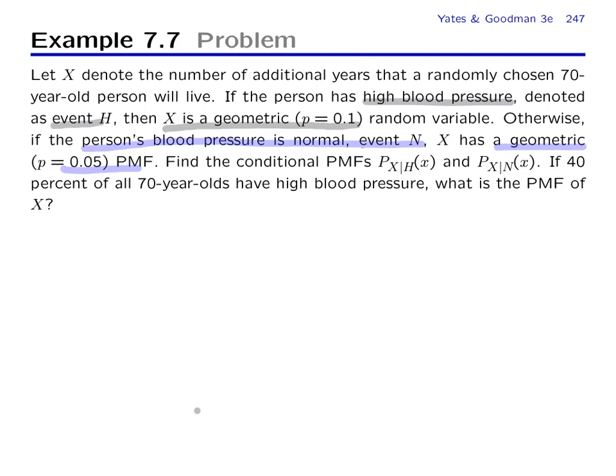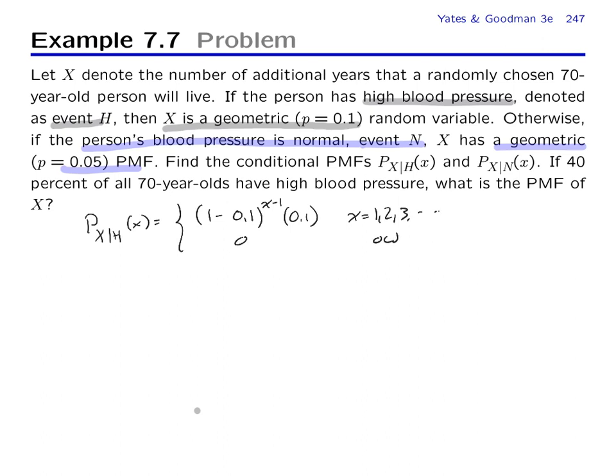From these words, we have two conditional PMFs. We have the conditional PMF of X given high blood pressure, and this is equal to (1 minus 0.1) to the X minus 1 times 0.1 for X equals 1, 2, 3, and so on, and 0 otherwise.